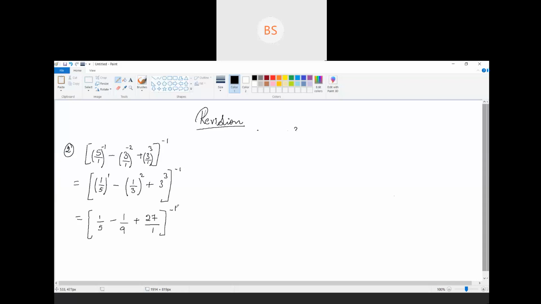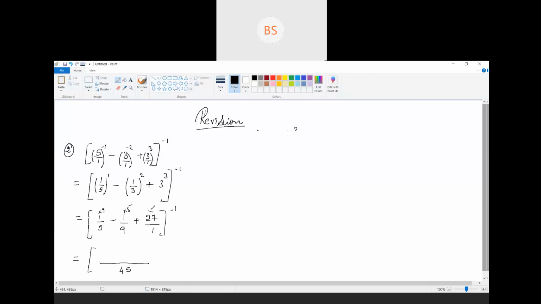Now as you can see here, again we have addition and subtraction of fractions. So what do we do? Take LCM. So now LCM of 5, 9 and 1 will be 45. Yes. So 45. So now 5 9s are 45. Then we have 9 5s are 45.